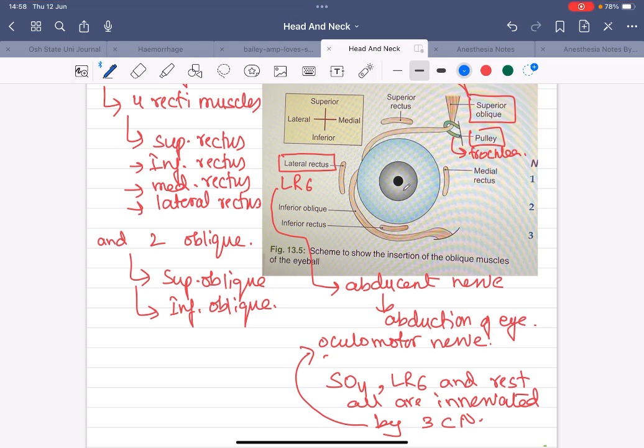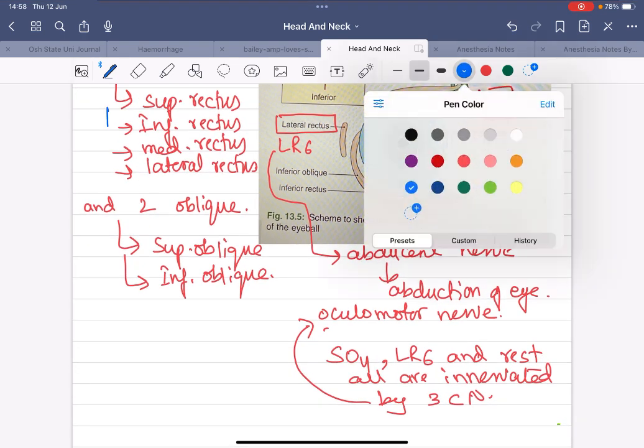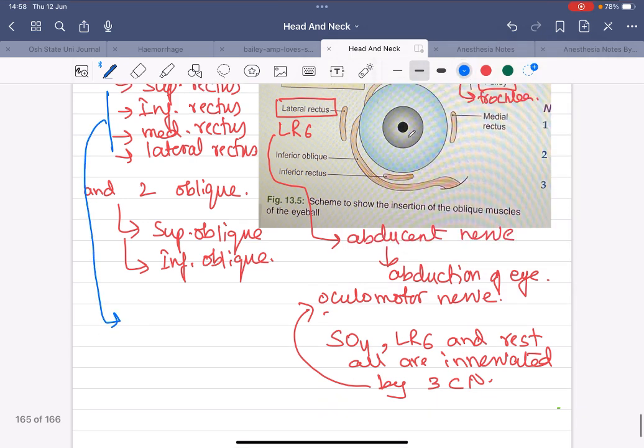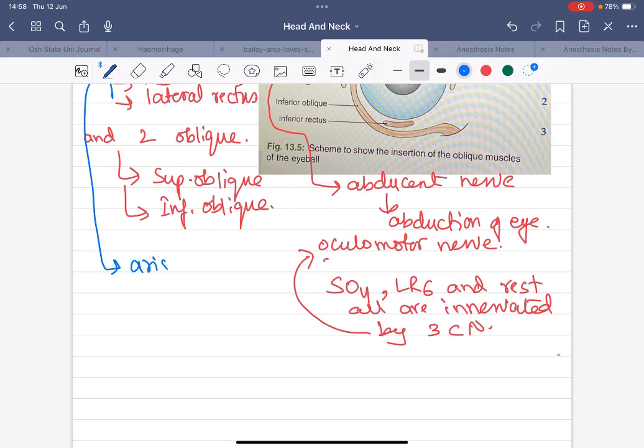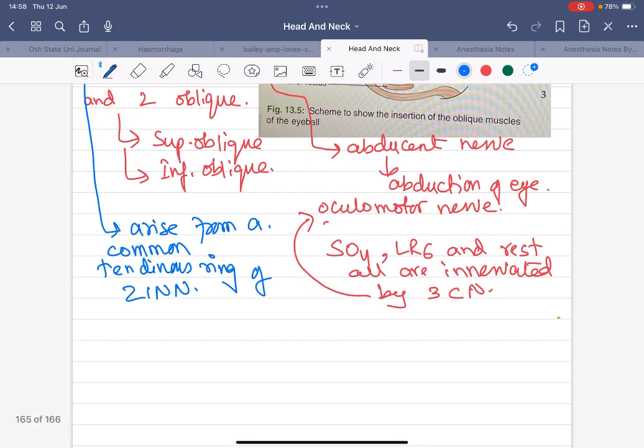First important thing, all these recti muscles arise from a common tendinous ring of Zinn. This is very, very important. So all arise from a common tendinous ring of Zinn, and then they are inserted into the sclera of the eye, as you can see in this diagram.